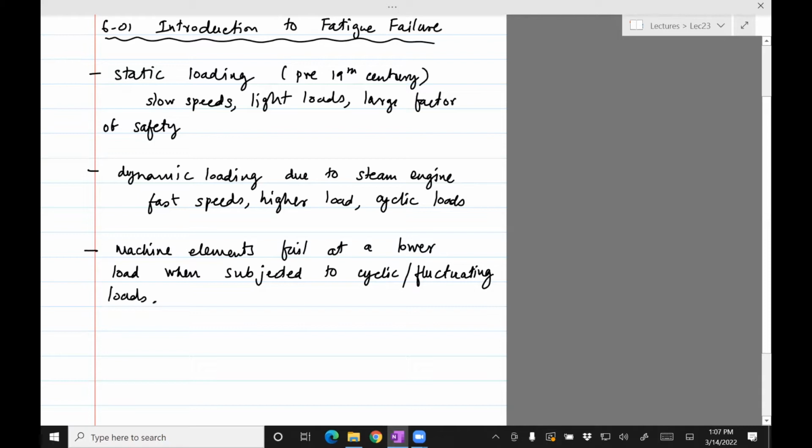Okay, so that motivates the need to have a theory of failure when elements are subjected to dynamic or cyclic or fluctuating loads. Now there are three main methods of doing this.